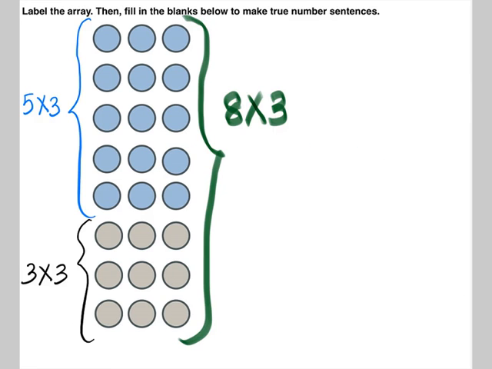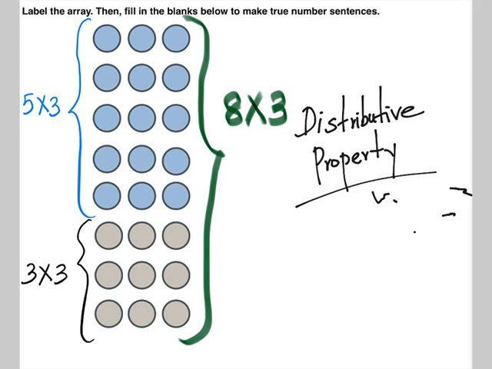So this is an example of distributive property. So in distributive property, this 8 times 3 or 8 groups or rows of 3 is separated into 5 times 3 and 3 times 3.